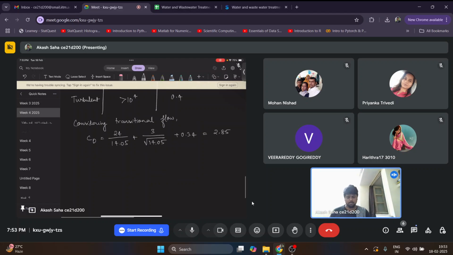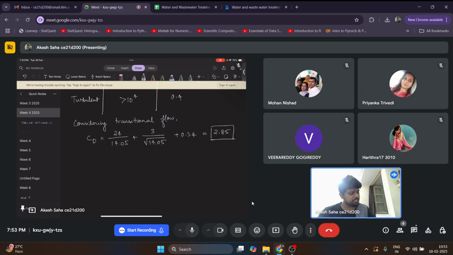Now we have to find out the settling velocity again using the CD value. We will not apply the Stokes law. We will use the general equation for settling velocity.